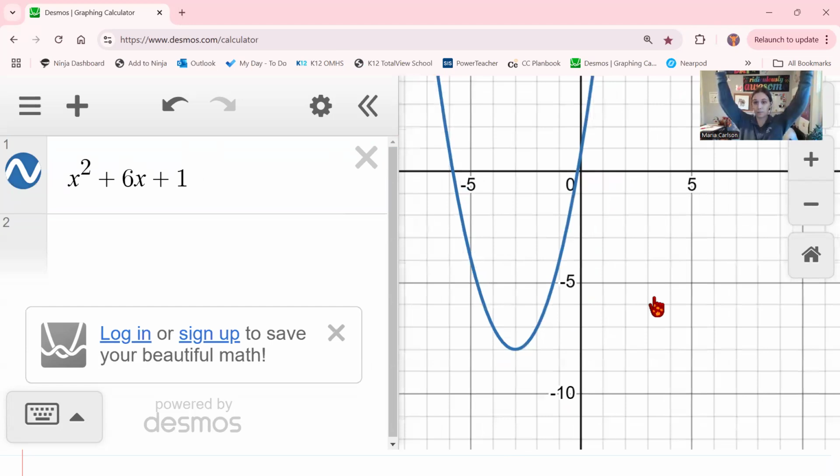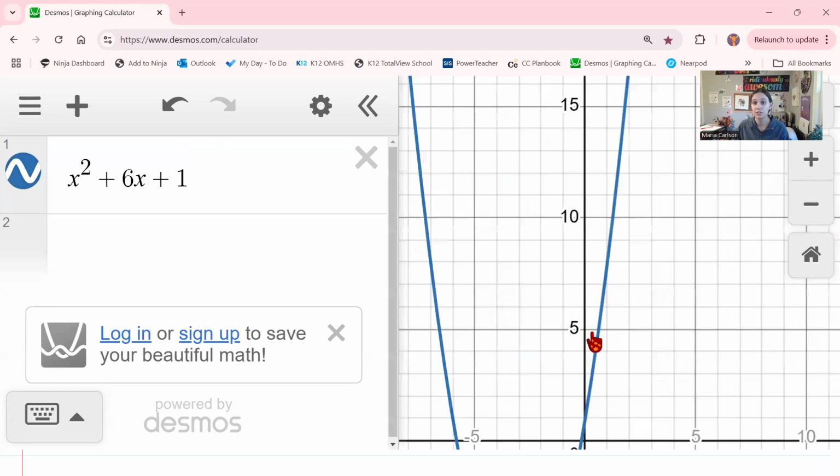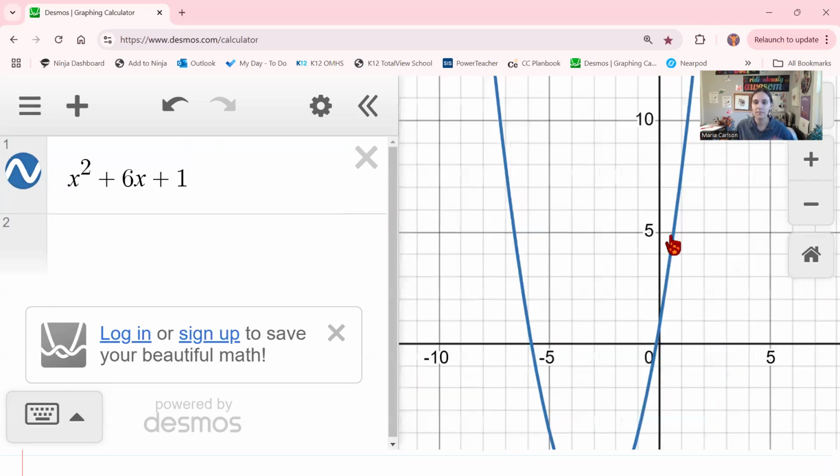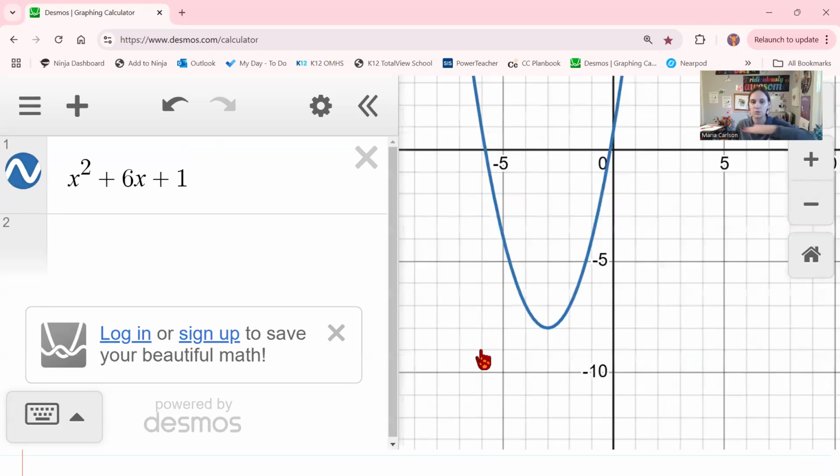And I notice that this parabola points up, and it goes forever and ever to the left and to the right, right? But we do have a lowest possible value here.